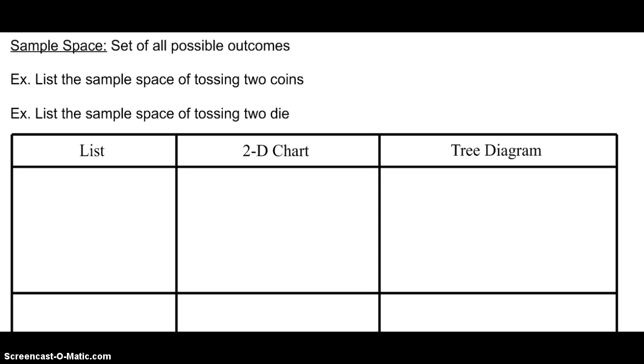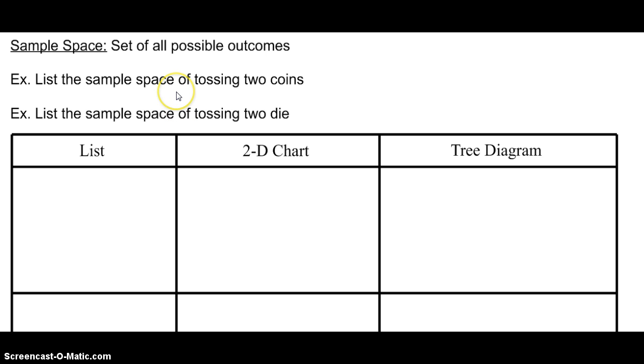The first thing we're also going to be talking about is sample space, the set of all possible outcomes. And there's 3 ways to list our sample space. We can use a list, we can use a 2D chart, and we can do a tree diagram. So our first example, we're going to put in this first, the same one across here.